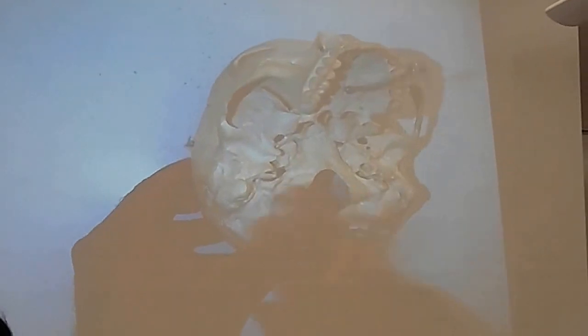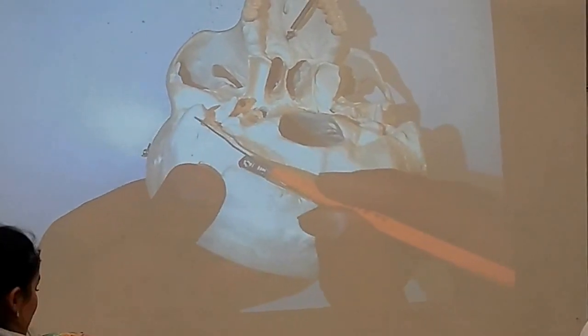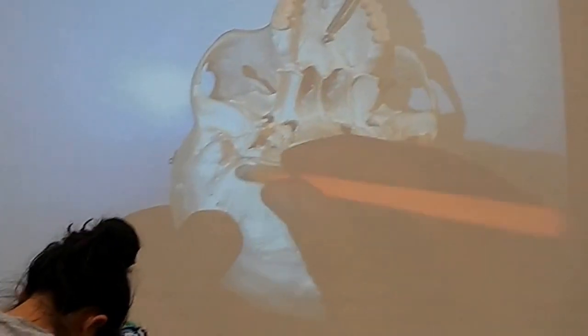Other structures we see from this angle, we have the styloid process and the mastoid process, styloid, the mastoid, and then we have a foramen we call the stylomastoid foramen. Stylomastoid foramen. Are we good? Yeah.